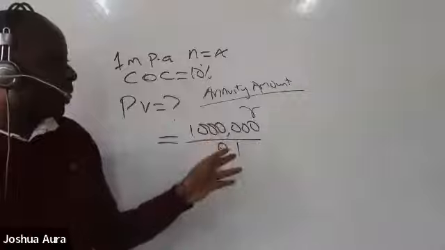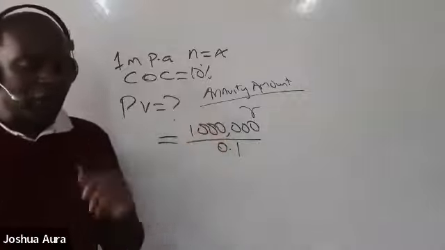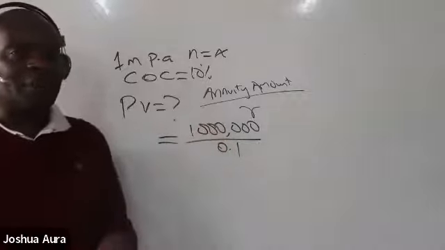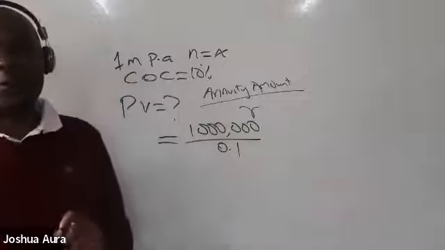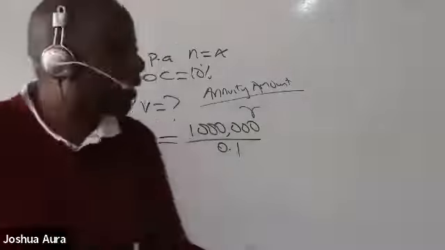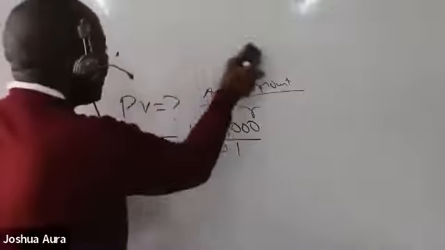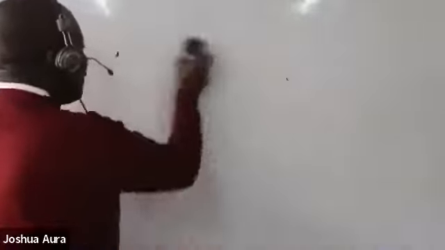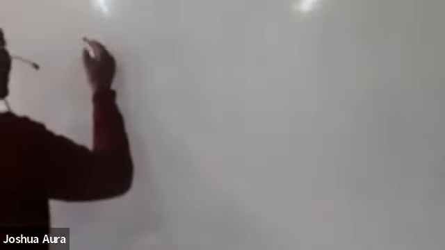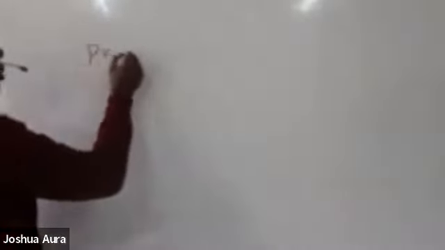Now, ladies and gentlemen, I would want us to start tackling this question by getting the present value of this perpetual cash flow. So if I'm the one doing this question, this is what I will do. I'll get to a clean sheet, and then I'll write in capital letters to scare the examiner: present value of perpetual cash flow.